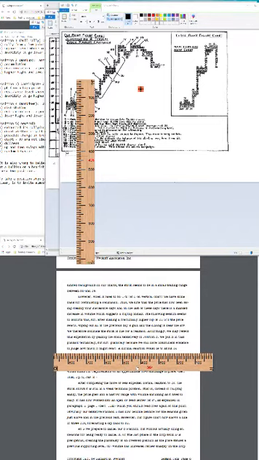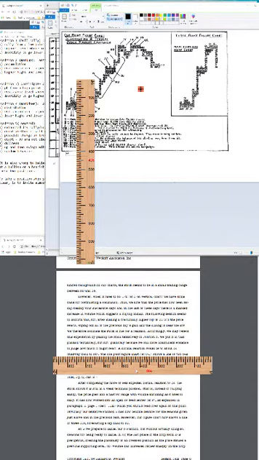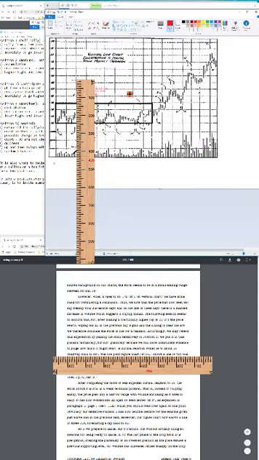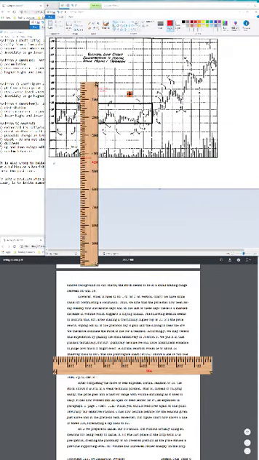A normal reaction would be about 32, halfway back to 30. Why? It rose from 30 to about 35-ish or 36.